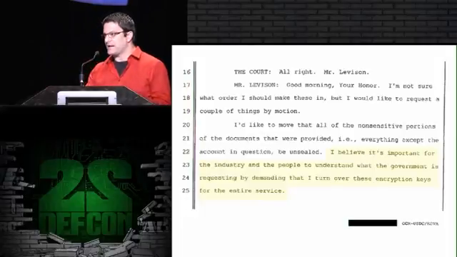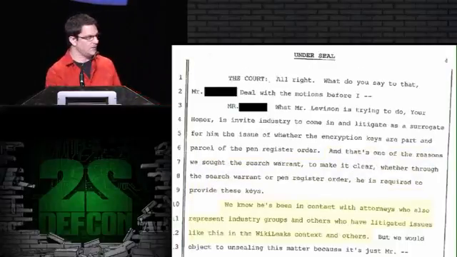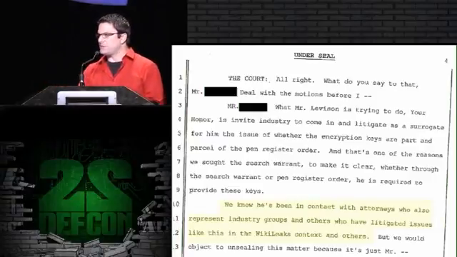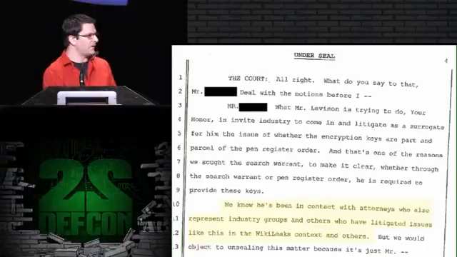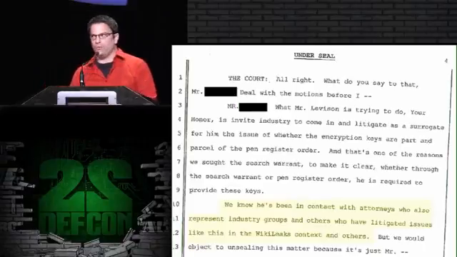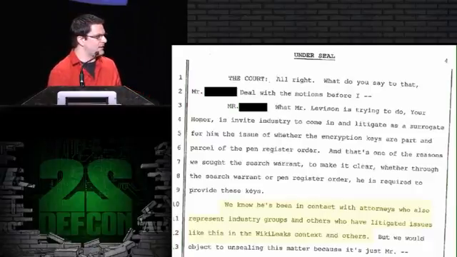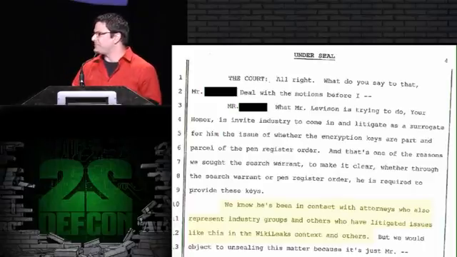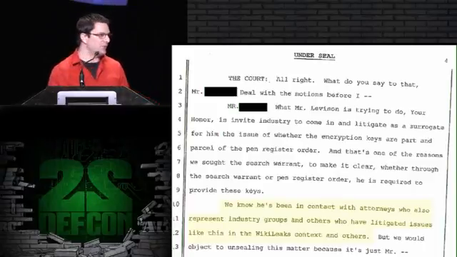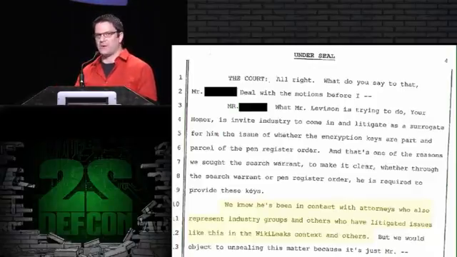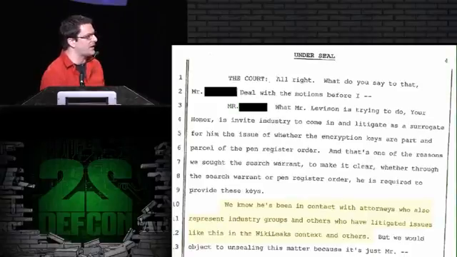And in response to that request, the prosecutor stands up and says, well, we know he's been talking to the EFF and to other attorneys who have been associated with WikiLeaks cases in the past. Now, I was a little taken aback by that because, one, how did they know that? I didn't know that. I'd spoken to maybe a dozen attorneys trying to find somebody who could represent me in the 4 days that I had to find one.